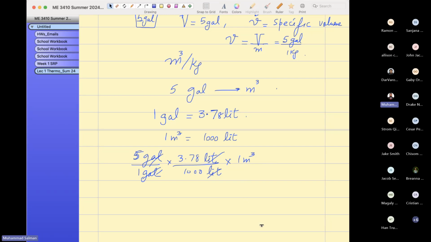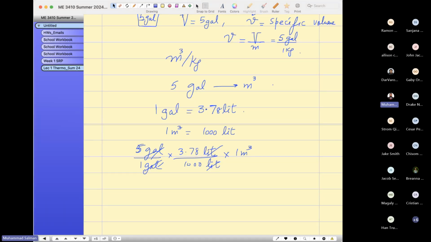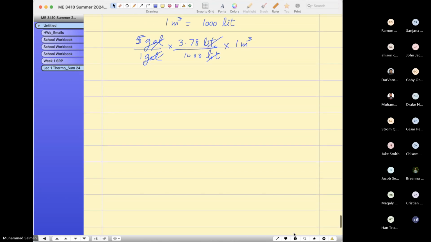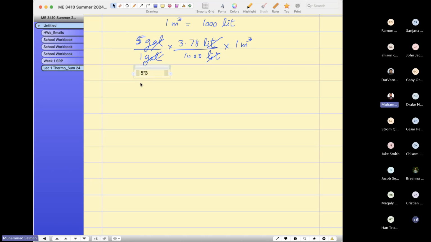So what are we left with? If you do the math here, what do you guys get? I'm not sure why the system is stopped. 5 times 3.78 divided by 1000.